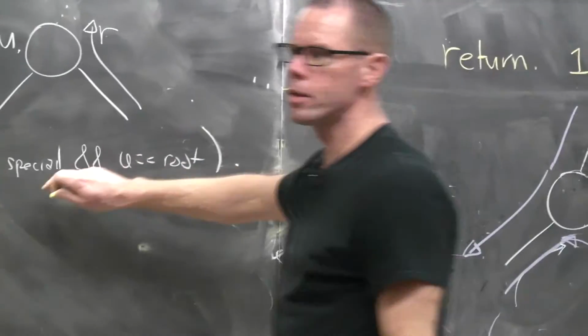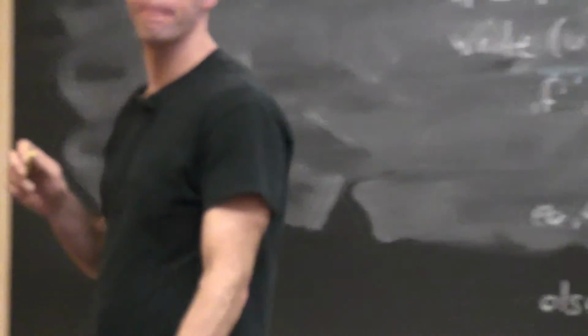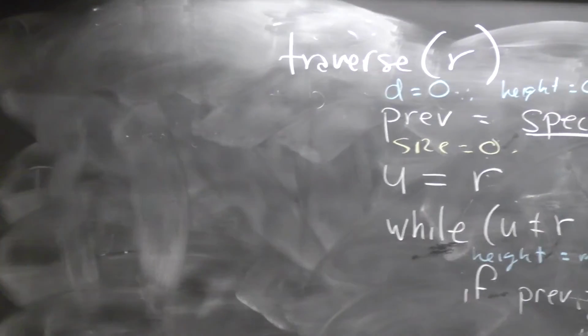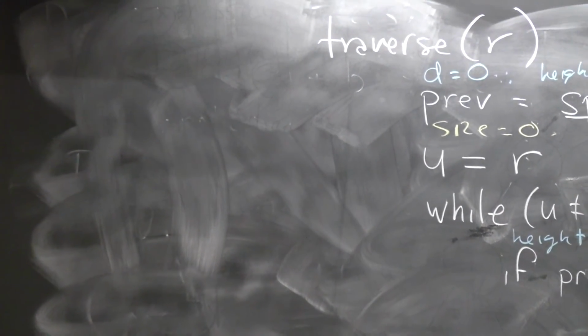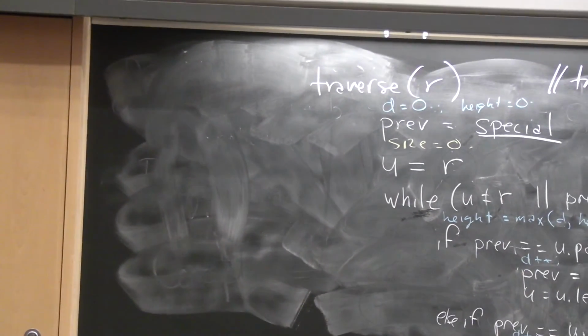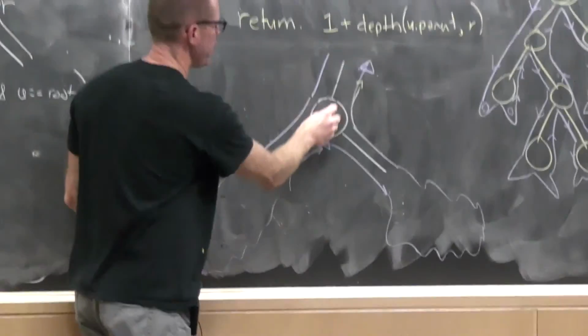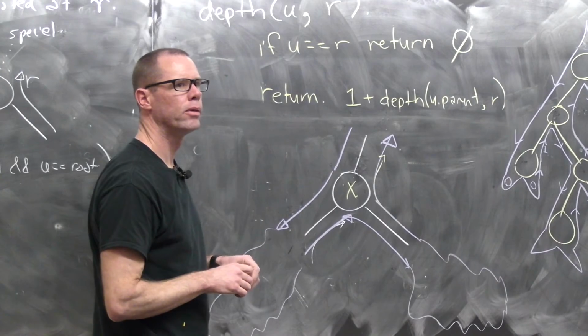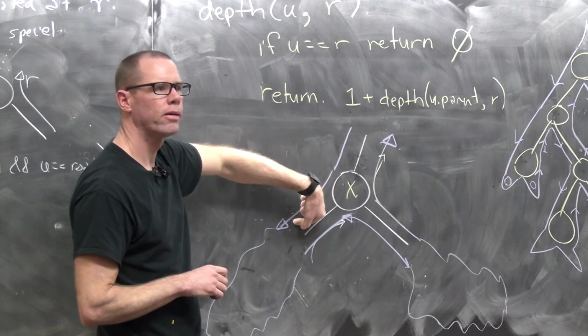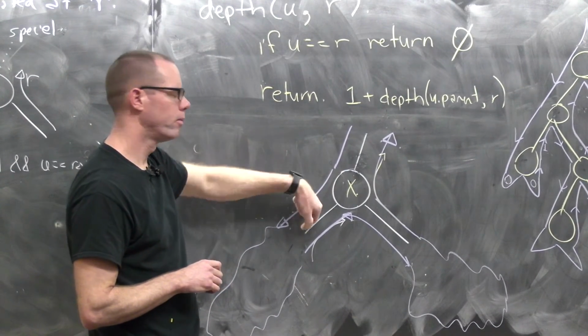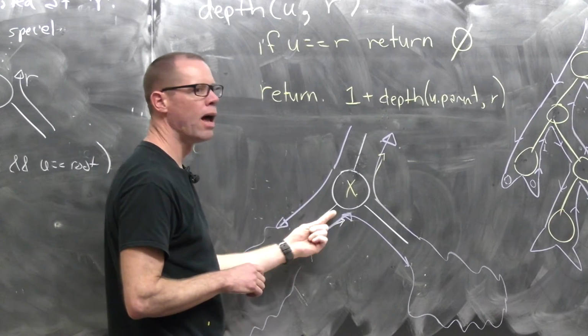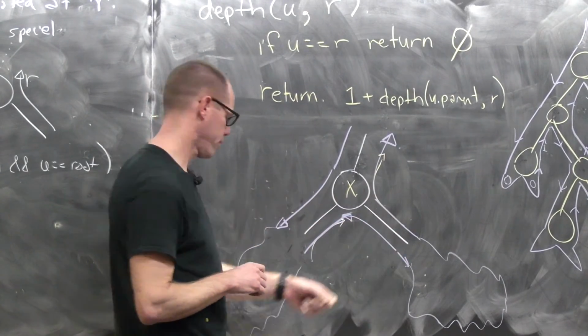How do I add that to this code? So in this picture, when do I want to print out the value x stored here? Is it when I'm walking this way? It's when I'm returning from the left and going to the right.